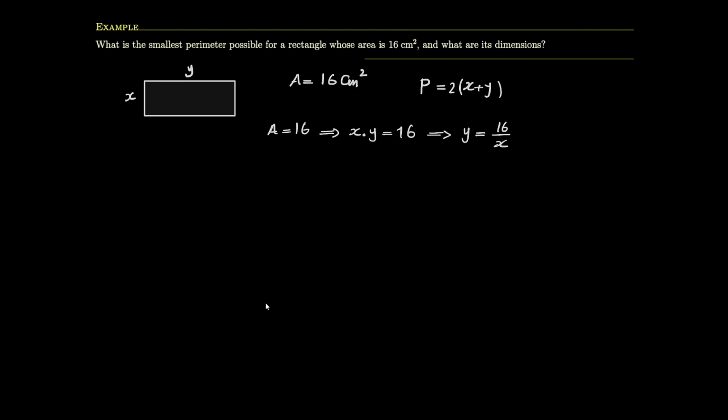Okay, so this is my y, and then I will take this y and put it here. So my function, which is P, is equal to 2 times x plus 16 over x. Okay, now I can safely call it P of x. Yes? And let me multiply the 2 in so that I have my target function as a function of x, so it becomes 2x plus 32 over x.